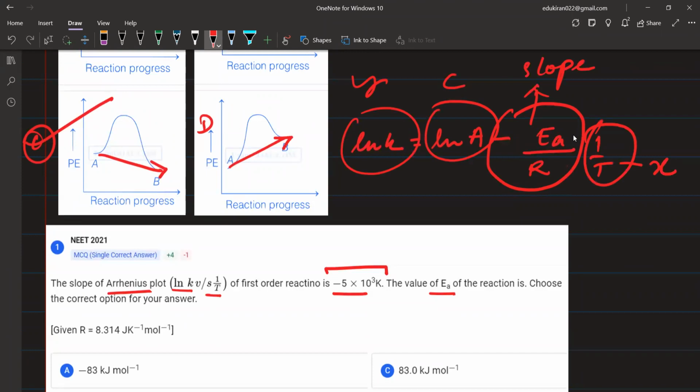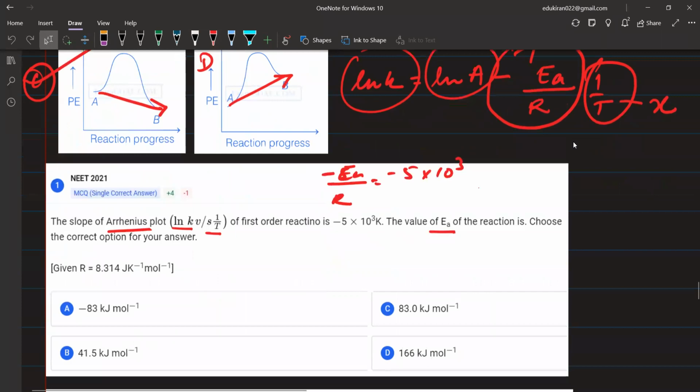What slope have they given? Slope is equal to -5 into 10 to the power 3. So minus EA upon R is equal to -5 into 10 to the power 3. Minus minus will cancel, so EA will be equal to 5 into 8.314 into 1000. So 8 5s are 40.